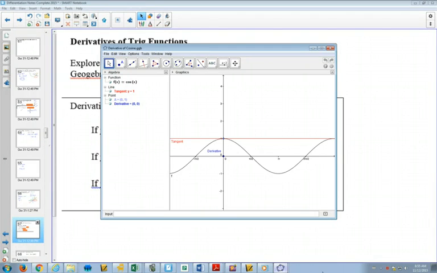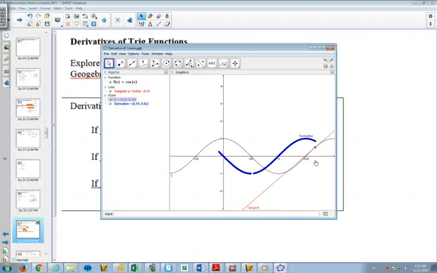Now we'll look at the cosine graph first. Can you see that immediately once I start moving to the right, which way is my tangent going to go? Will it be a positive slope or a negative slope as I'm moving to my right? It's going to be negative. So it makes sense that our derivative line starts going down like that. It stays negative until we get to pi where it's 0 again.